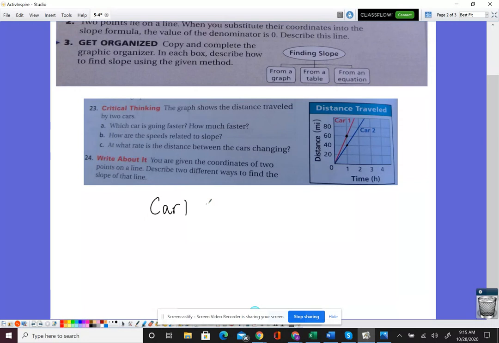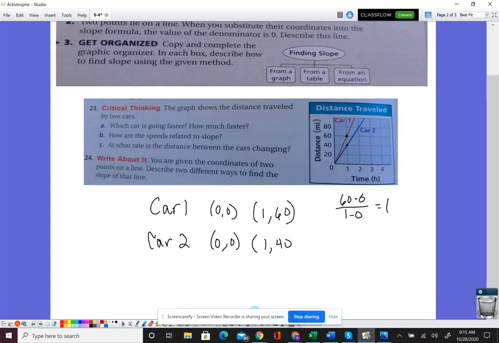Car 1 has coordinates 0, 0 and 1, 60. And car 2 has coordinates 0, 0 and 1, 40. So if we look at the slope, 60 minus 0 over 1 minus 0, we get 60, and this represents miles per hour.